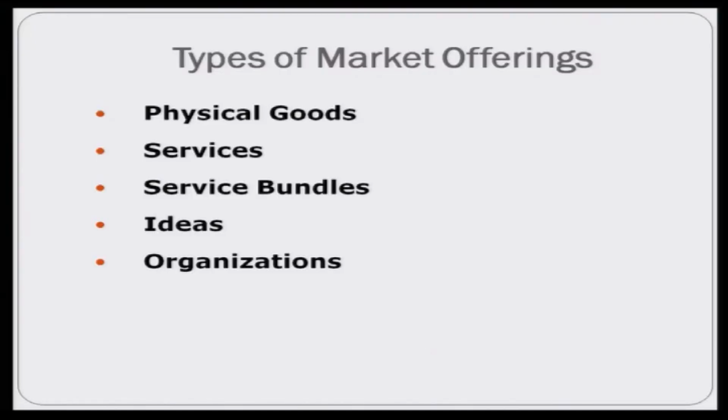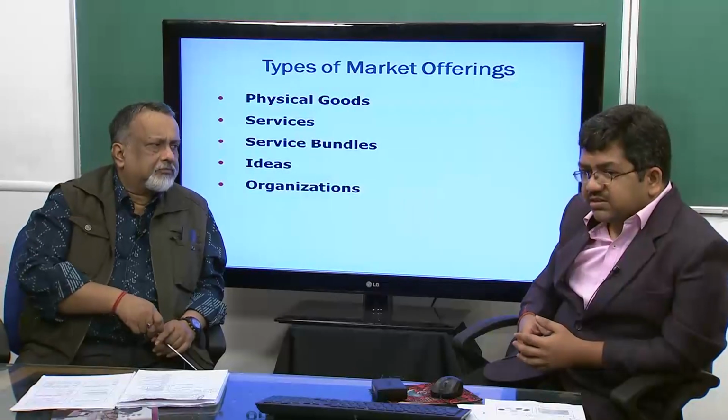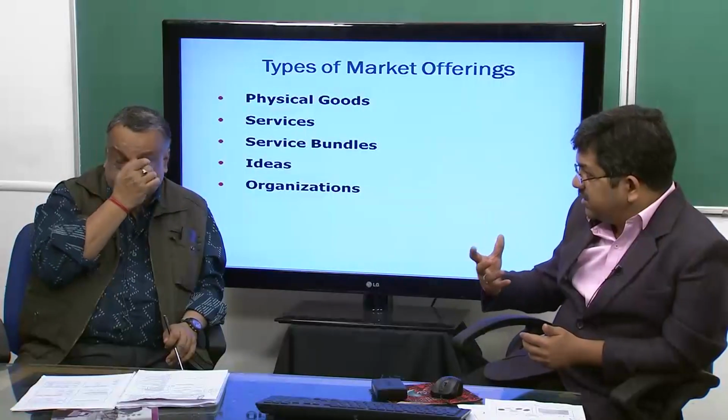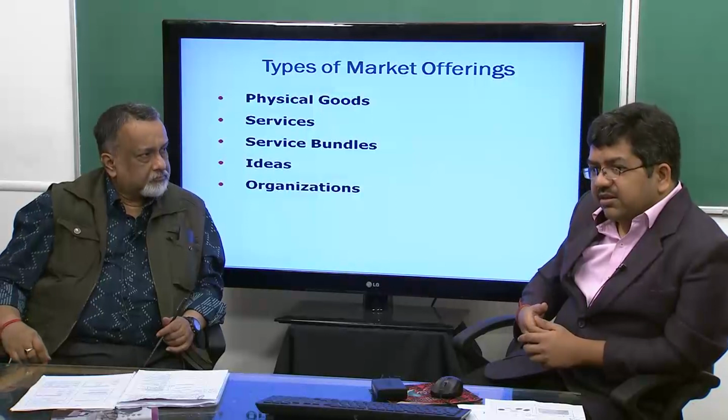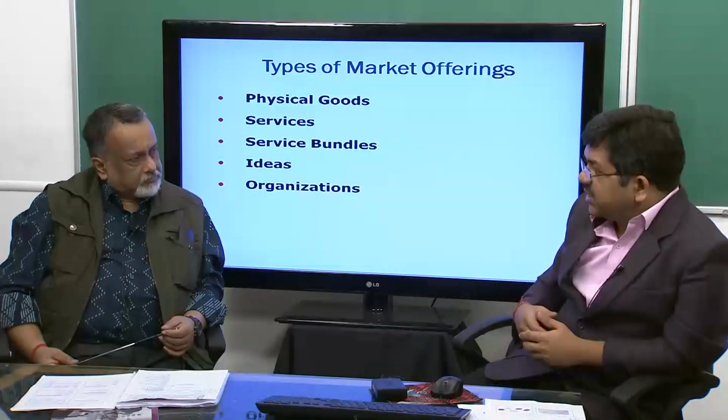Organizations are marketed to their employees, investors, and different types of stakeholders, investing agencies, and also to society. Many organizations these days come out with their mission statement and promote it very heavily in society, so that they get a favorable response from society at large.